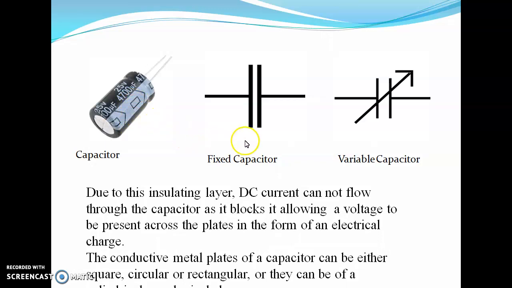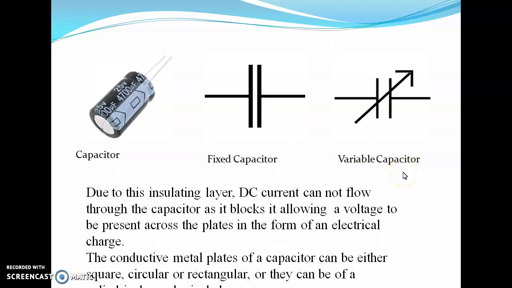Now the symbol of capacitor is like this. There are two types, fixed capacitor and variable capacitor. These are the two symbols for fixed type and variable type capacitor.